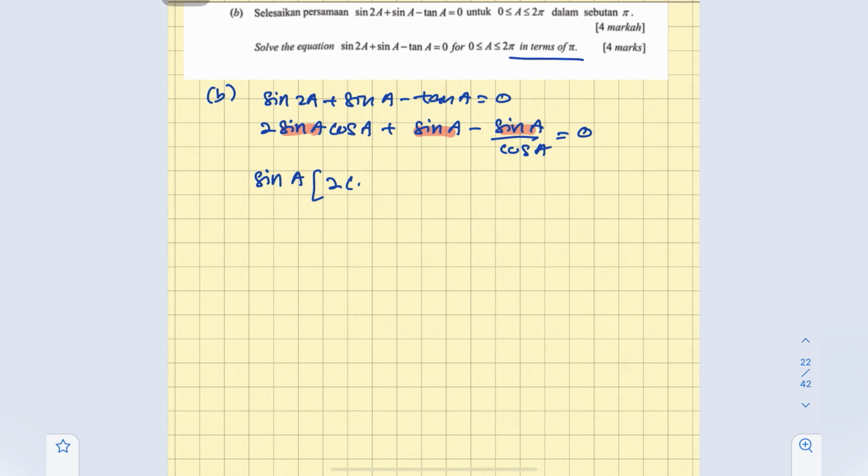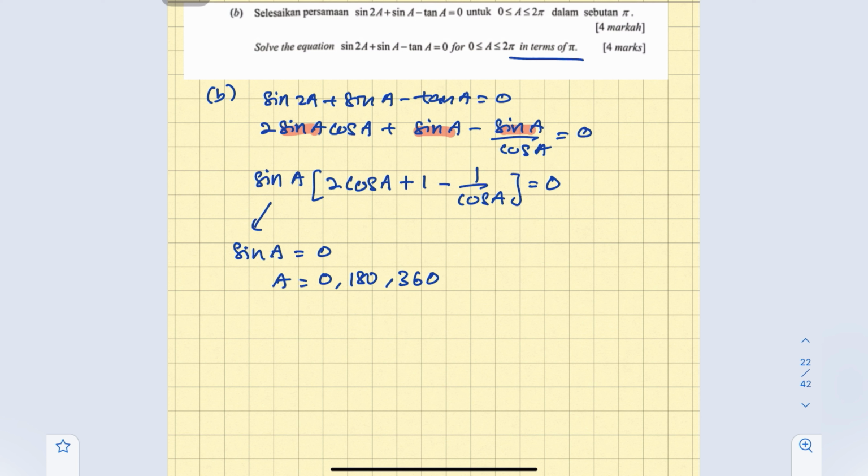So in the bracket, 2 cos a plus 1 minus 1 over cos a equals to 0. Okay, so this one we can get sin a equals to 0. So a equals to 0 degree, 180 degree and 360 degree.